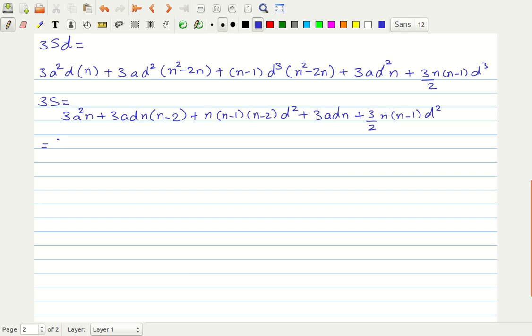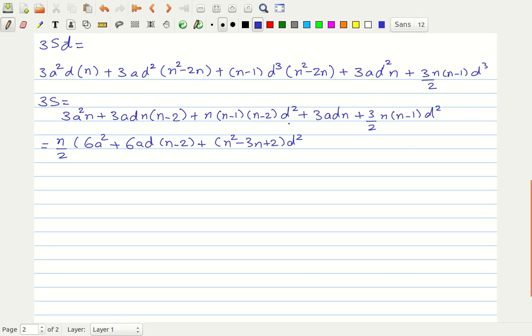So the right hand side can be written as n by 2 times 6a square, 6ad times n minus 2, plus n minus 1 n minus 2 d square, or I can write it as n square minus 3n plus 2d square.